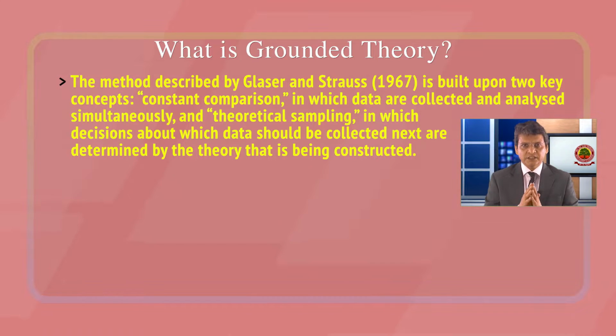This method, described by Glaser and Strauss, is built upon two key concepts: constant comparison, in which data are collected and analyzed simultaneously, and theoretical sampling, in which decisions about which data should be collected next are determined by the theory that is being constructed.